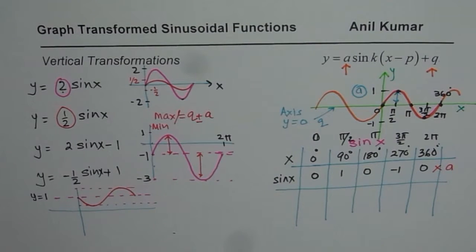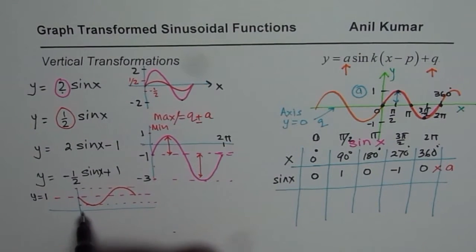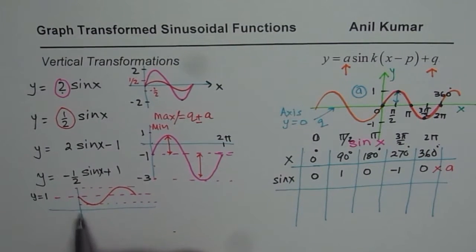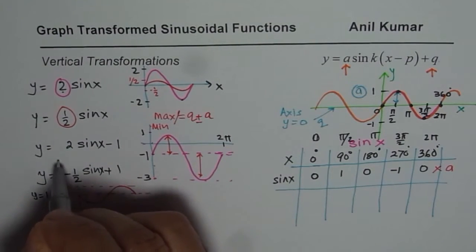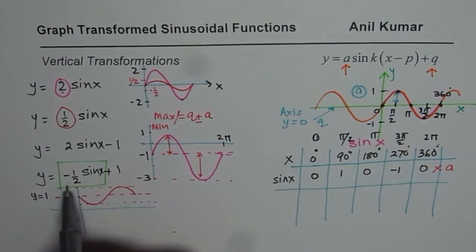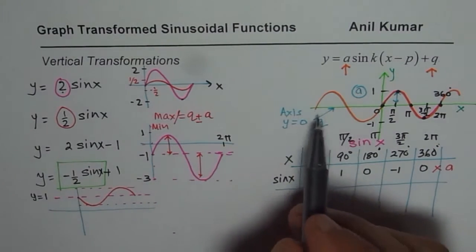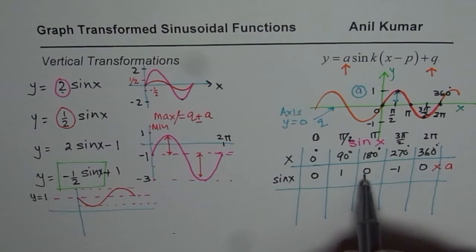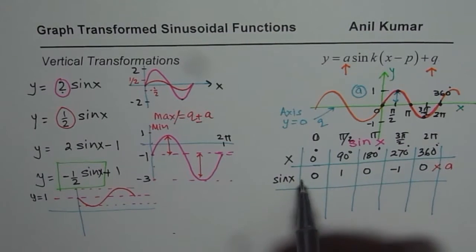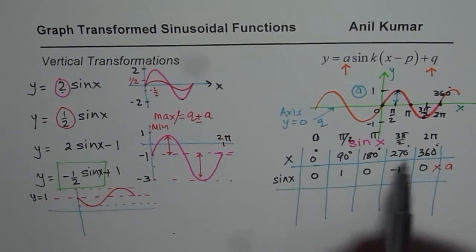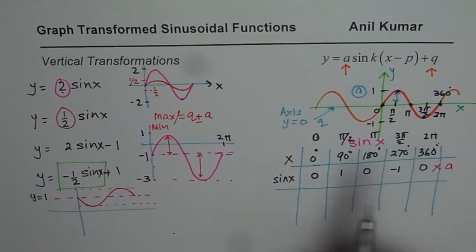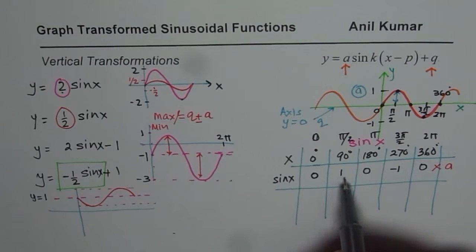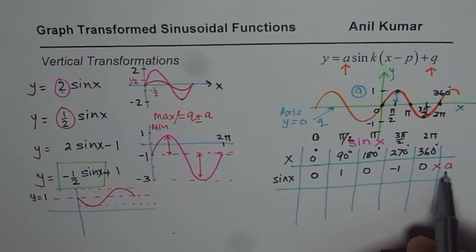So if it is minus, it gets reflected, right? Actually speaking, I should have drawn a wave first here. First we'll draw the first portion, which is minus half sine x. Using our 5 points, which are 0, 1, 0, minus 1, 0, with a time period of 360 degrees or 2 pi, we could construct a wave. But these y values will get multiplied by a, right?